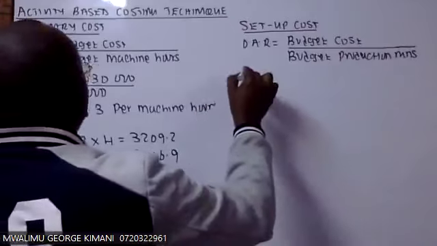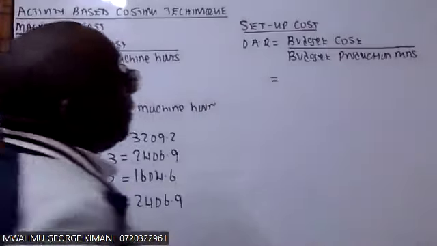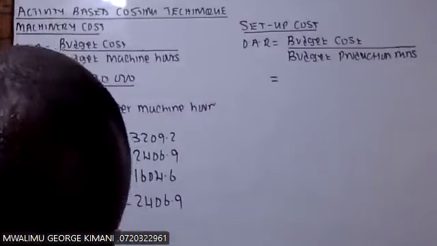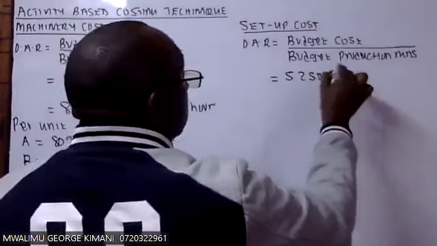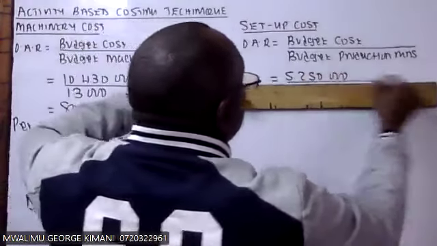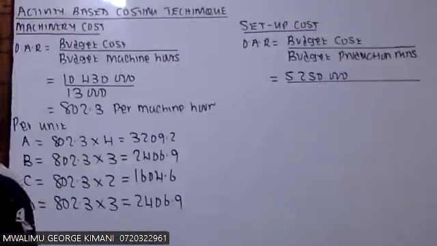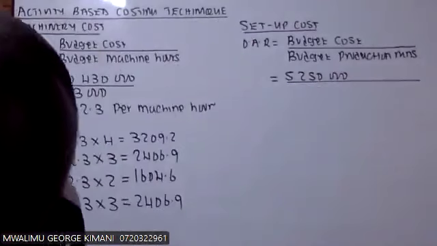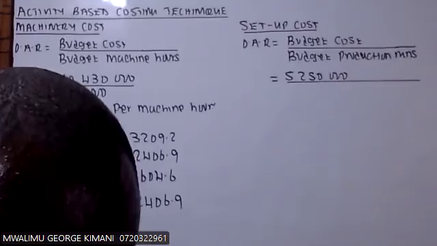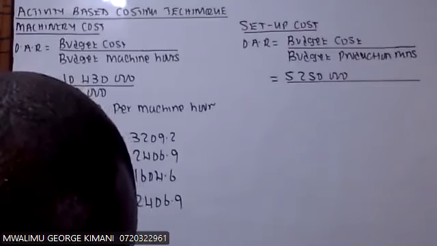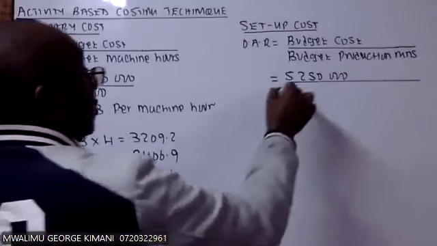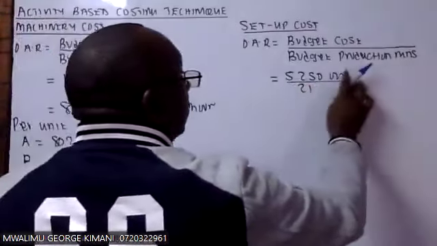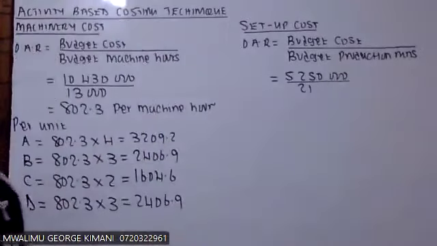So this becomes, the budget cost is 5,250,000. Now this one should be divided by the number of production runs. If you look at the production runs up there, already we are given the total, so we don't need to add by ourselves. It's just 21.